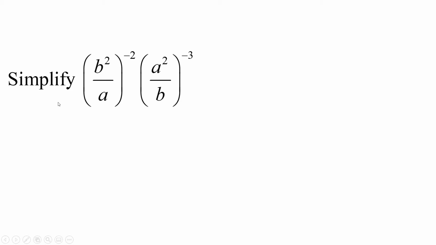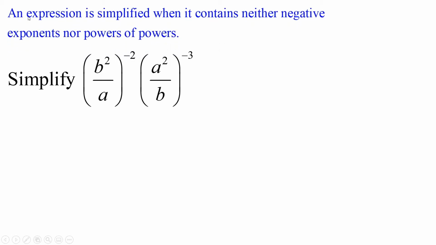Now, let's simplify. All right, so you're going to get problems where there's a lot going on with exponents and you need to simplify. And an expression is simplified when it contains neither negative exponents nor powers of powers. And this has both, so we got to clean it up.